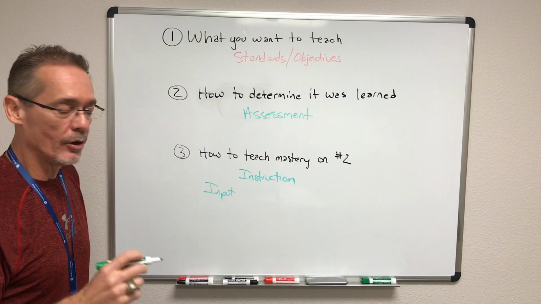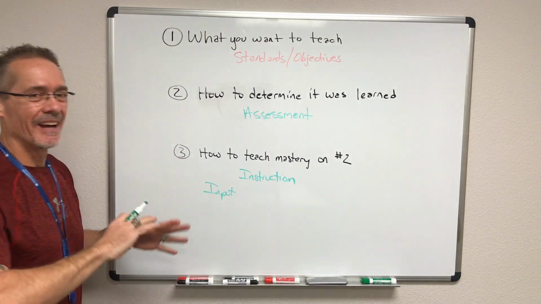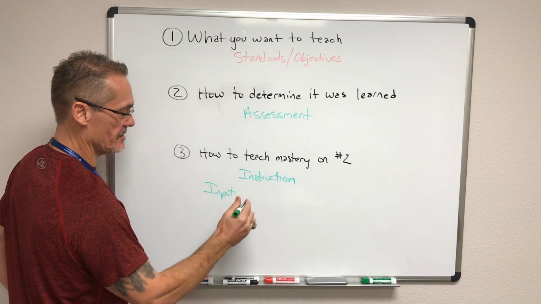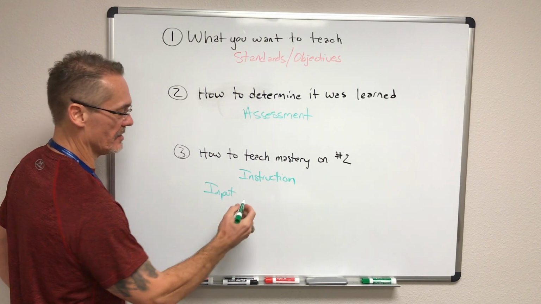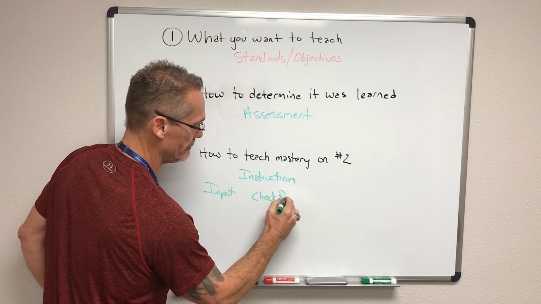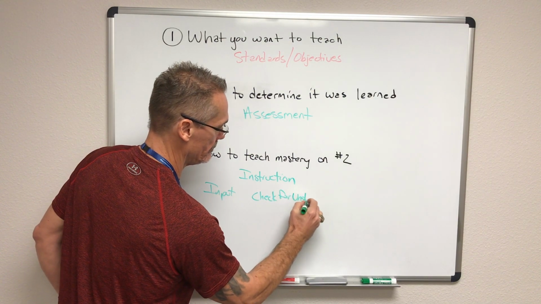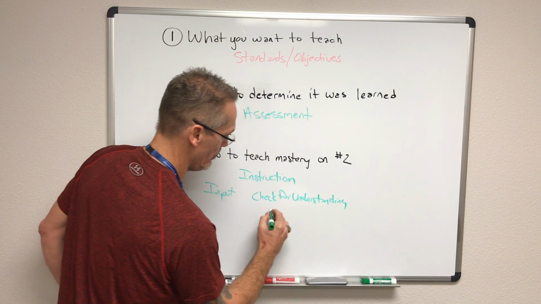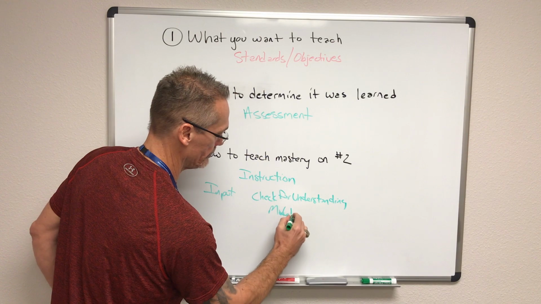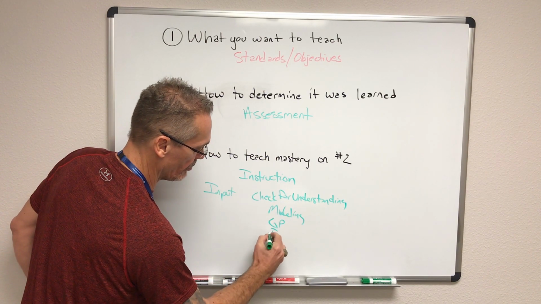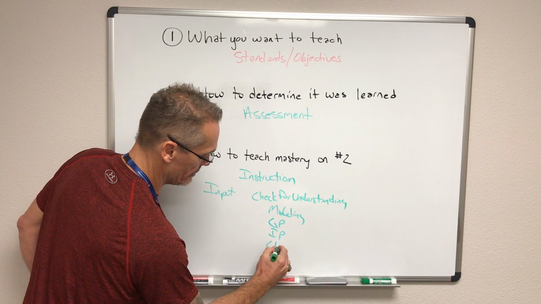And when we talk about input on the lesson plan, I consider all of the lesson components related to instruction to go under input essentially, right? Check for understanding, modeling, guided practice, independent practice, closure, all that stuff.